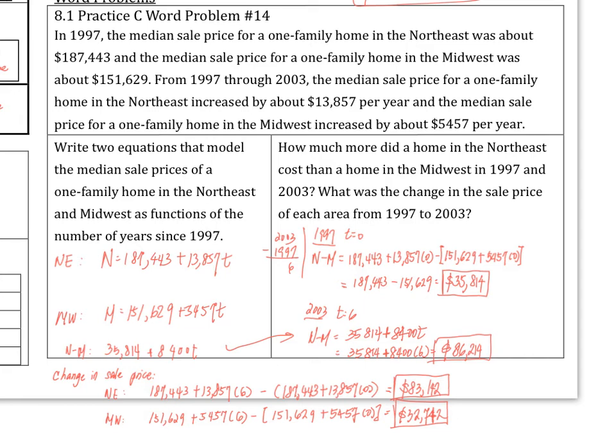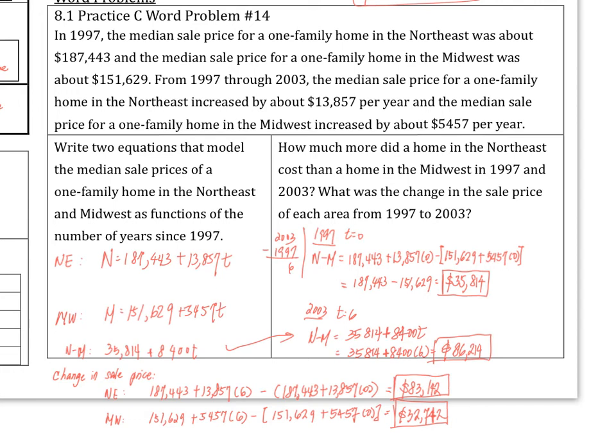And from 1997 through 2003, a period of 6 years, the median sale price in the Northeast increased by about $13,857 per year. And in the Midwest it increased by about $5,457 per year. And in the first part, it wants us to write two equations that model the median sale prices of both the Northeast and the Midwest as functions of number of years since 1997.